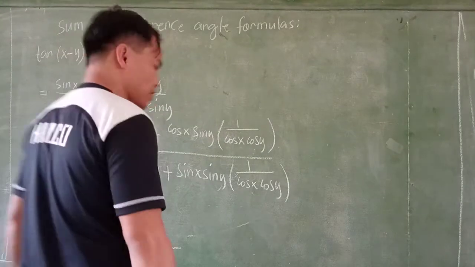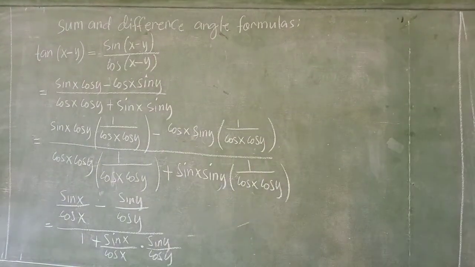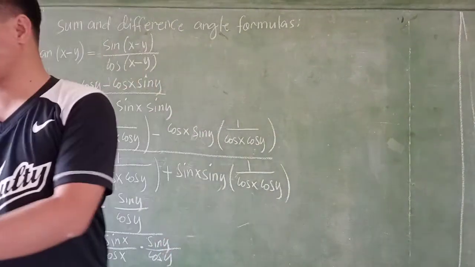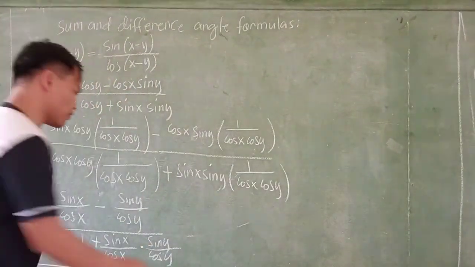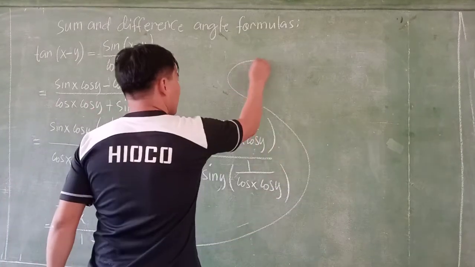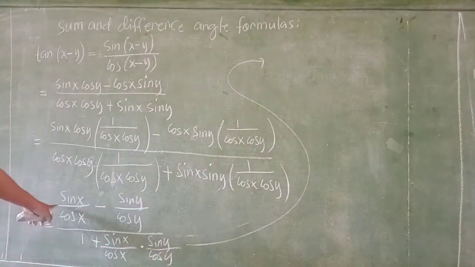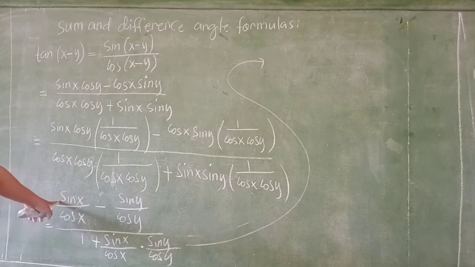Then continue to simplify. As we simplify this one, that is just equal to tan, since tan is equal to sin over cos.